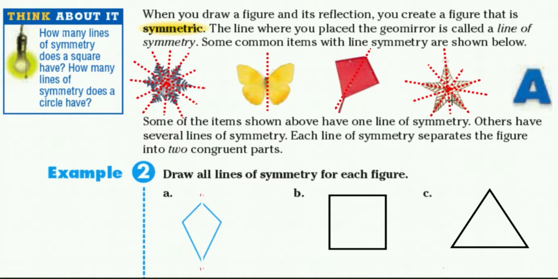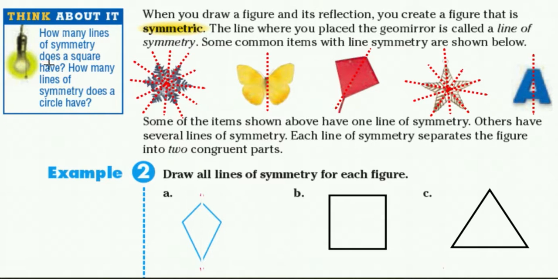So if you notice, the snowflake has 1, 2, 3, 4, 5, 6 lines of symmetry. A butterfly has 1, kite has 1, star has 1, 2, 3, 4, 5 lines of symmetry, and the letter A will also have 1 line of symmetry right there. So let's think about it.